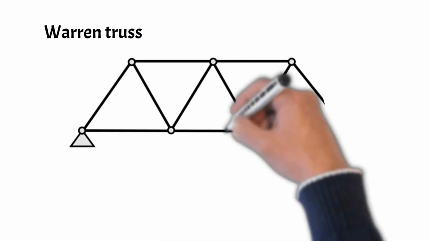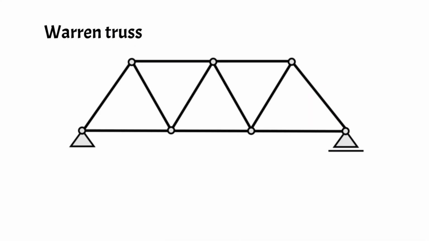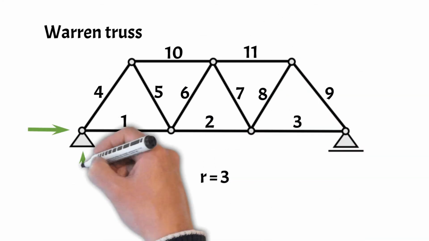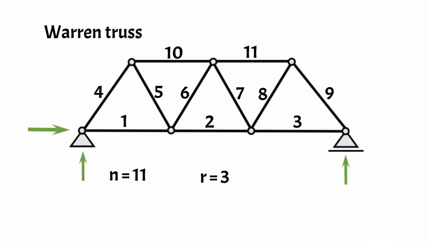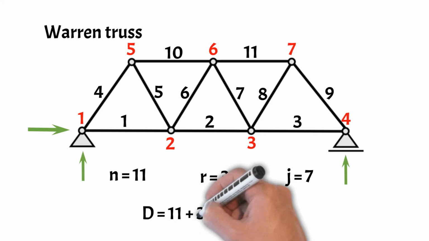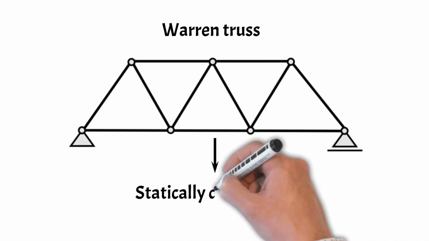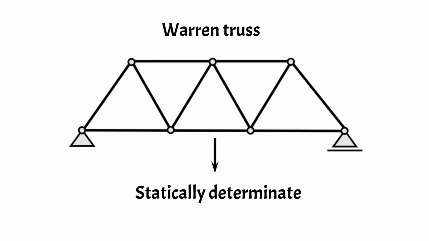Let's look at the Laurin truss, where we define the amount of members as 11, the number of support reactions is 3, and the number of joints is 7 in this case. If we plug that into the formula, we get D equals 0. And that actually means that the structure is statically determinate and that the reaction and internal forces can be calculated by the 3 equilibrium equations.